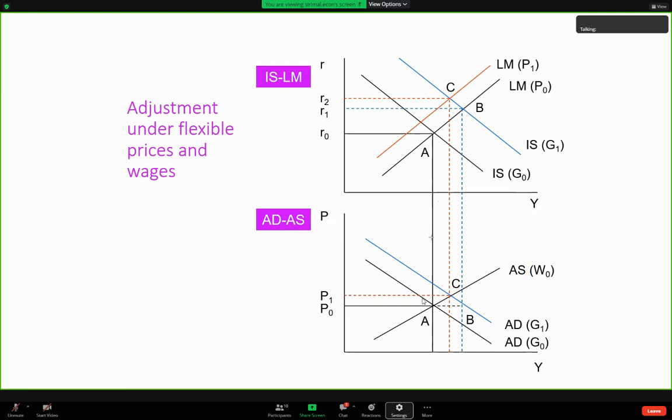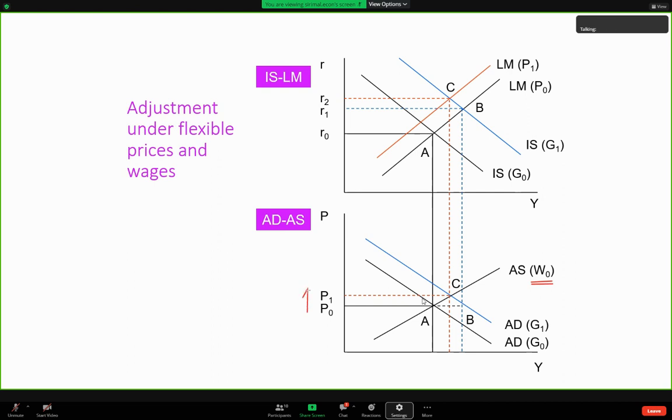So after we come to this point, let me draw it for you if you are ready. Because of this assumption, now we know that when we come to this point, the price level has gone up.